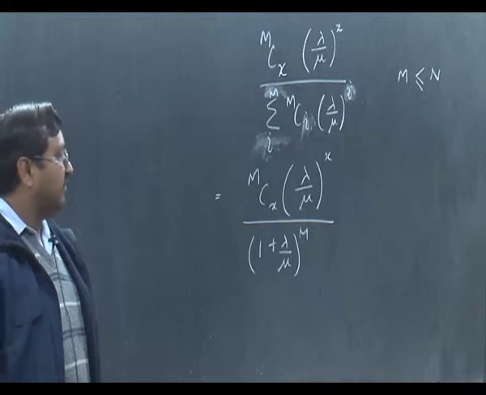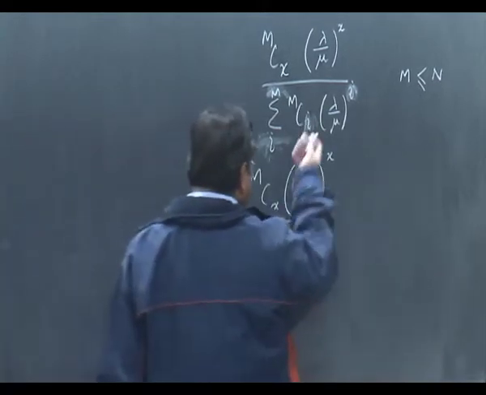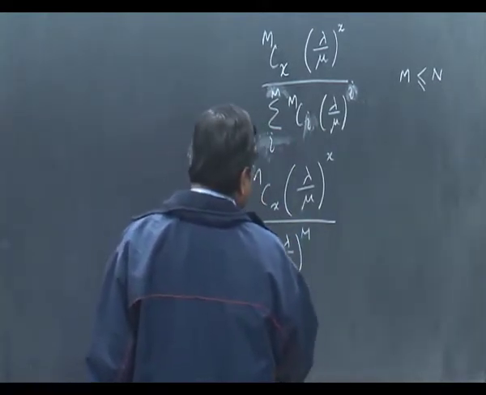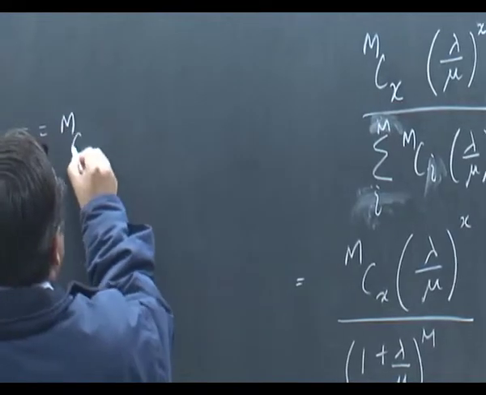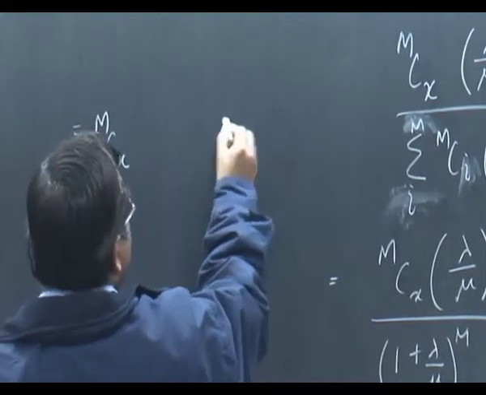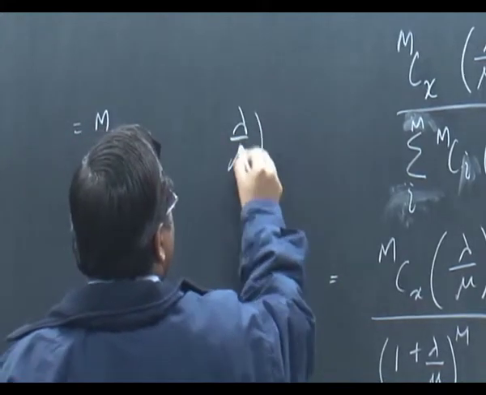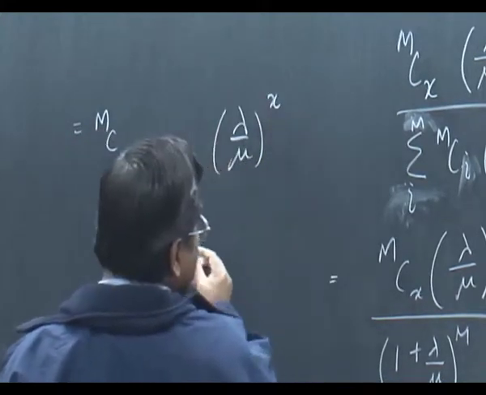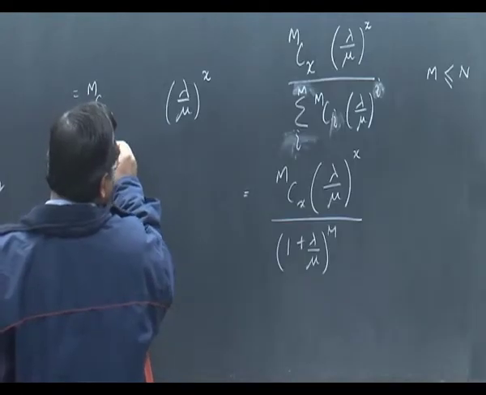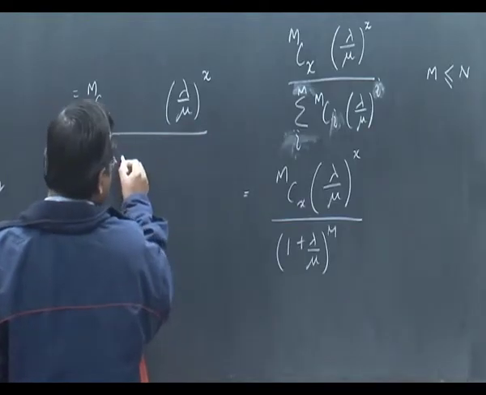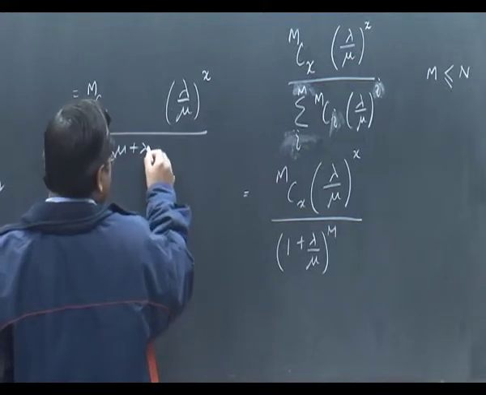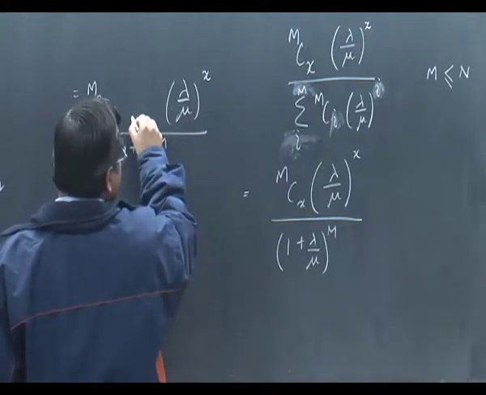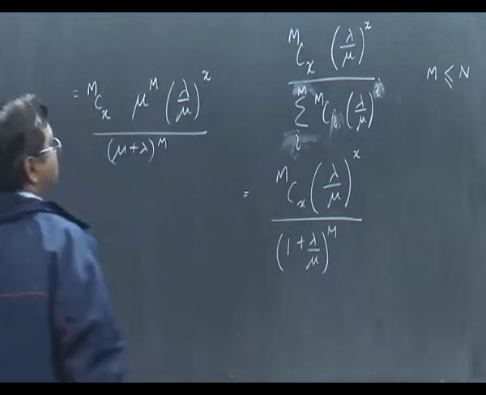Okay, this is coming from the complete binomial, and then we just modified this. It is mu plus lambda raised to the power m, mu raised to the power m.